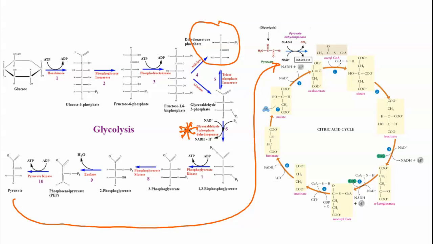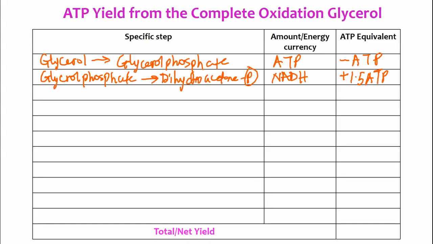So it's going to go from glyceraldehyde 3-phosphate here to 1,3-bisphosphoglycerate. And if you look at it, 1 NADH was produced. We go back and populate that table. So it's going to be from glyceraldehyde phosphate to 1,3-bisphosphoglycerate.